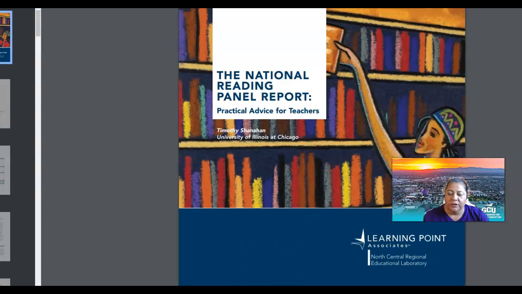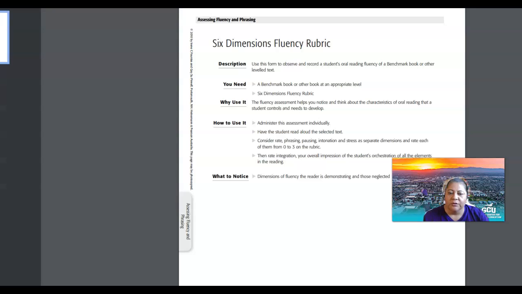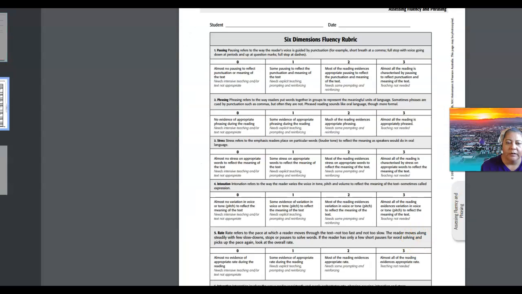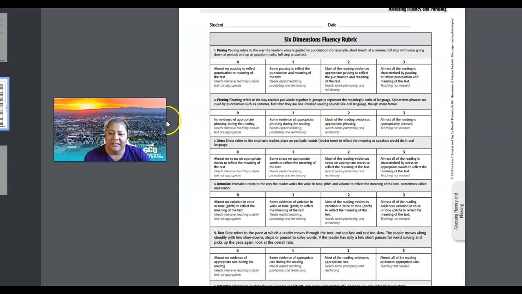I'm going to show you this one in just a bit too. So here is a rubric that we could use. I think it's a little too much, but it's a good way to show you really specific sections. So pausing: are they pausing at the right sections?